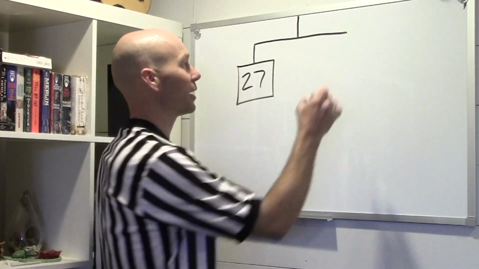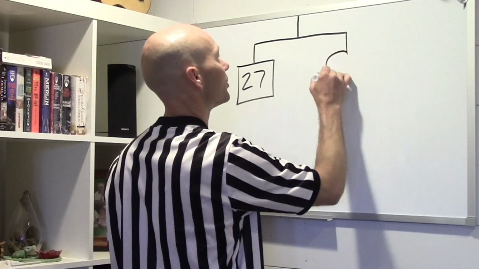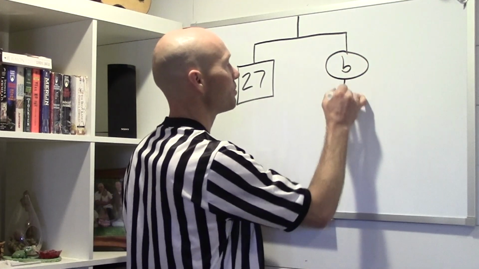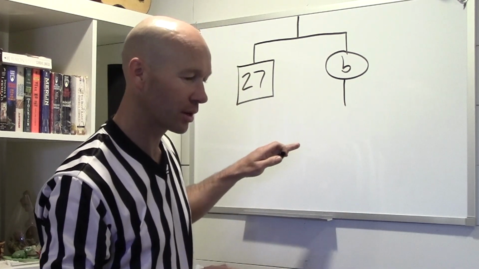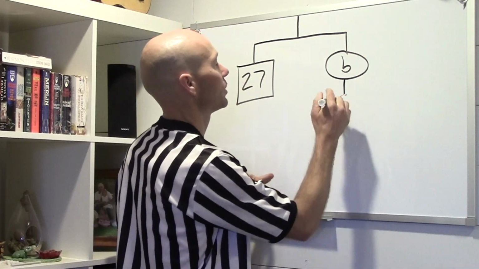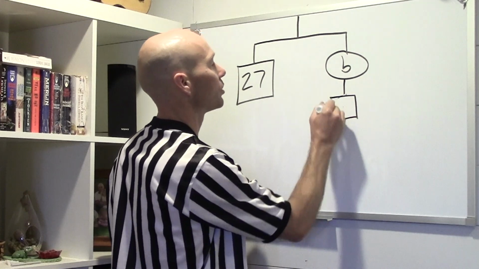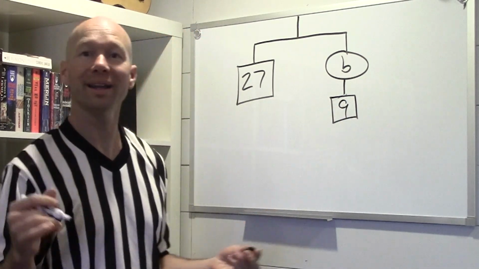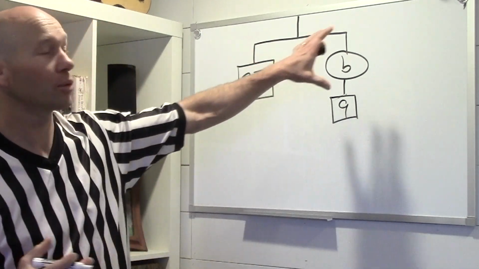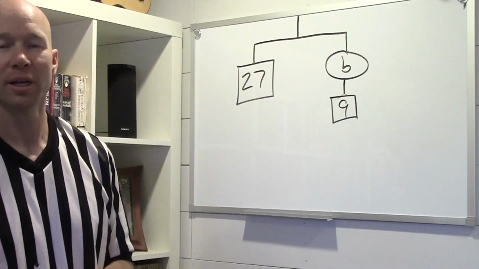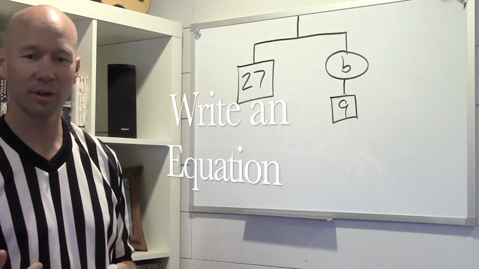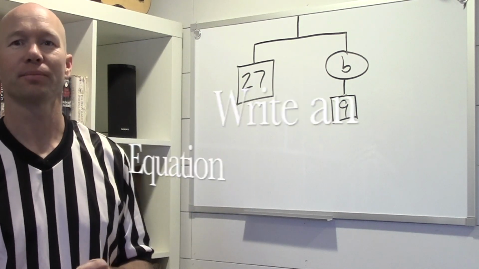And on the right side of the hanger, I have the variable b and a smaller box with 9 in it. Alright, go ahead and write an equation that shows what we have hanging here. How would you write that as an equation? Pause the video and write that down on your paper.